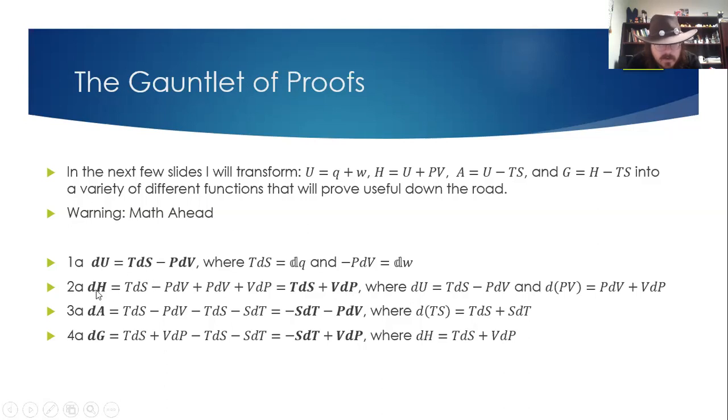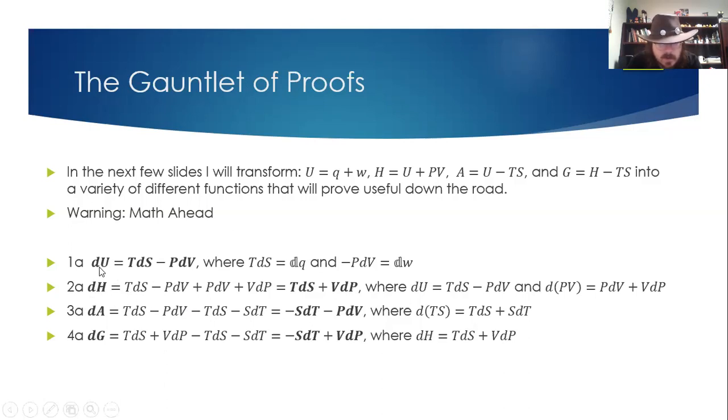Plugging that in for Helmholtz, which is the internal energy minus TS, we get that Helmholtz is our work and our minus SdT. Same thing with Gibbs. You see the SdT again, but now it's VdP because it's based on enthalpy. So take a minute, soak this in.